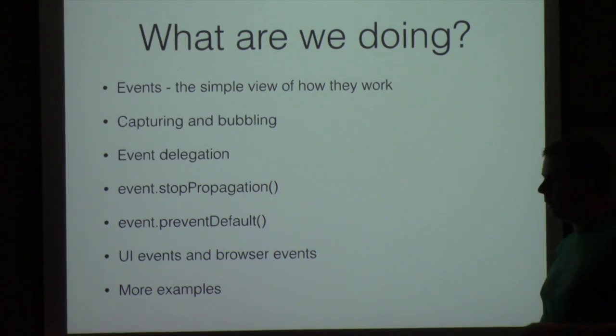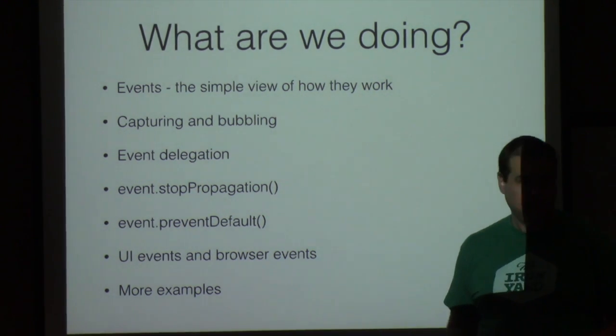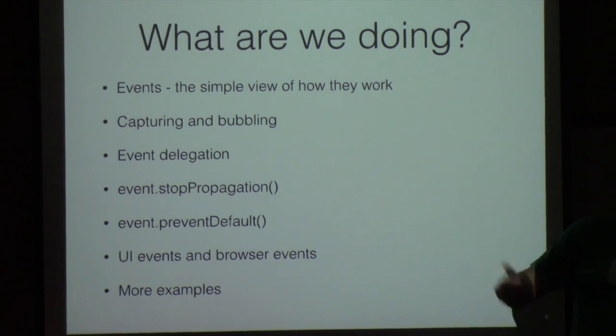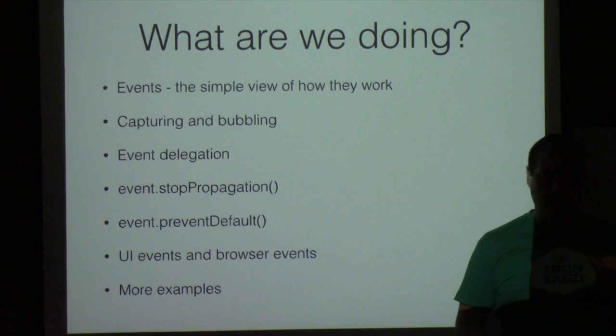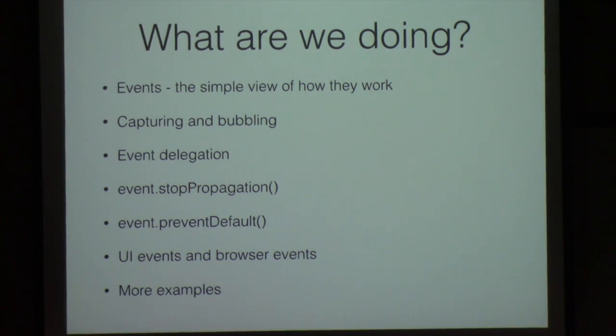So we're going to go into that because that's very important to understand, and very important for event delegation, which is a very common technique used in JavaScript web applications. We're going to talk about event.stopPropagation, which you may have seen if you've done some JavaScript, also preventDefault. Then we're going to talk about various UI events, and we're going to look at a number of examples. So that's generally how we go.